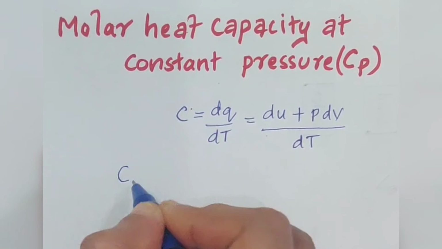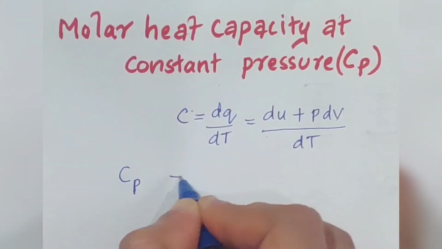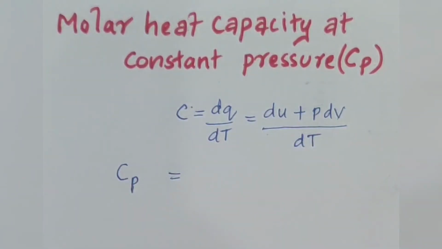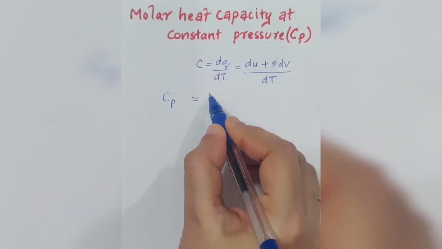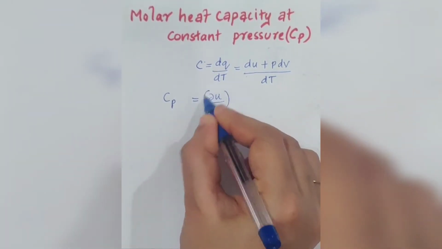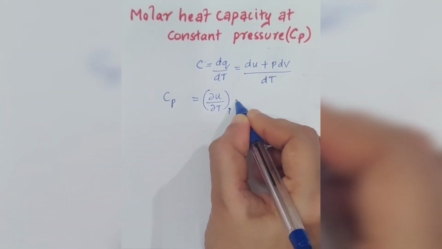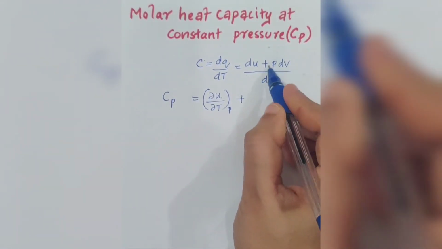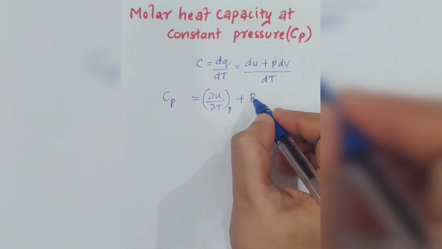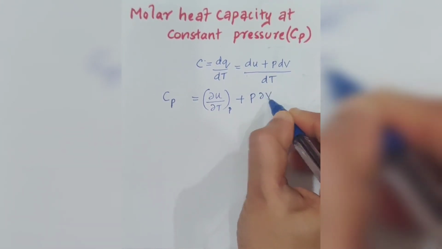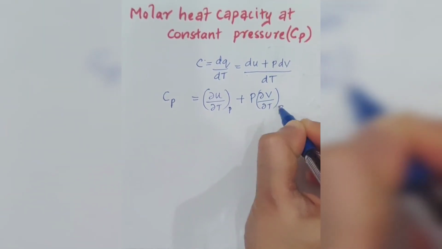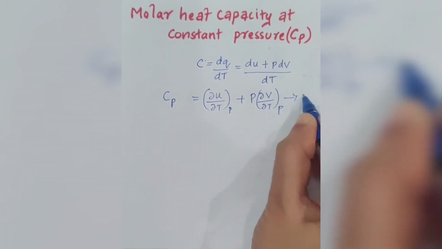Then heat capacity at constant pressure Cp is equal to dou U by dou T at constant pressure plus, since pressure is constant, taking it outside, P into dou V by dou T at constant pressure. Okay, this is equation number 1.